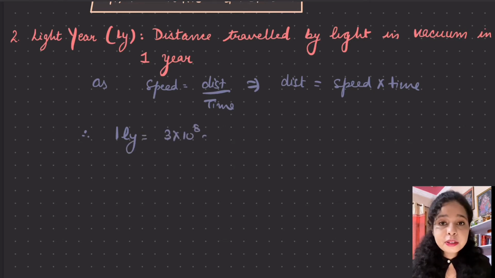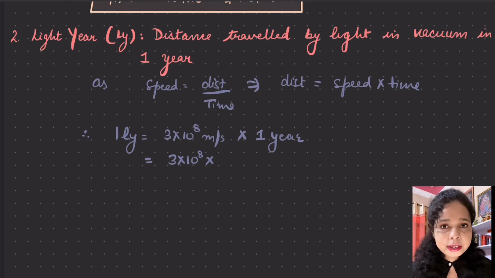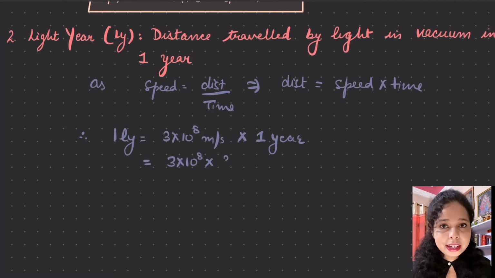As the speed of light is expressed in meter per second, that is, in SI unit, we cannot leave the time in terms of year. So in order to convert year into second, we have to do some steps. We have 1 light year is equal to 3 into 10 raised to power 8 multiplied by 365 days. Now we will convert days into hours: 3 into 10 raised to power 8 into 365 into 24 hours.